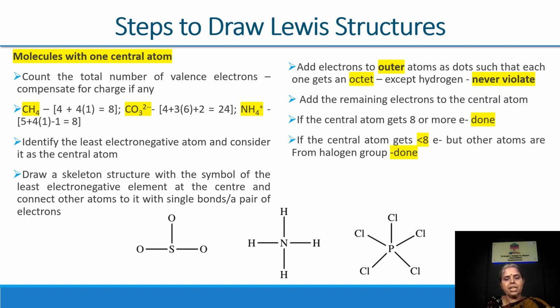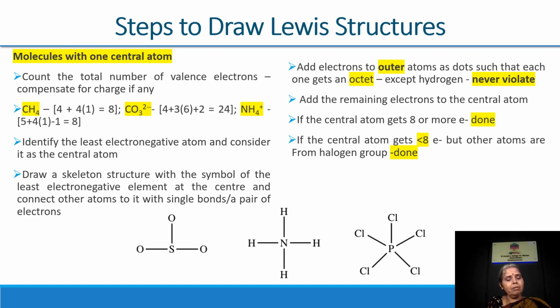Supposing the central atom gets less than 8 electrons, but the other atoms are from the halogen group, that is chlorine, fluorine, bromine, iodine. If the outer atoms are chlorine, bromine, fluorine and iodine, and the central atom is getting less than 8 electrons, then also you are done. If the central atom gets 8 or more electrons, you are done.